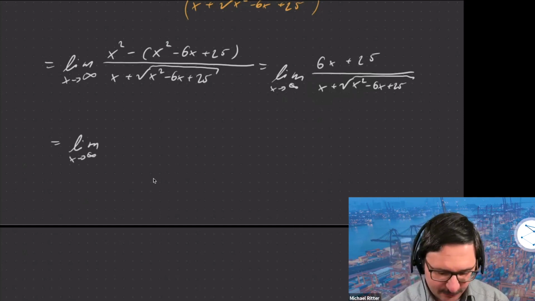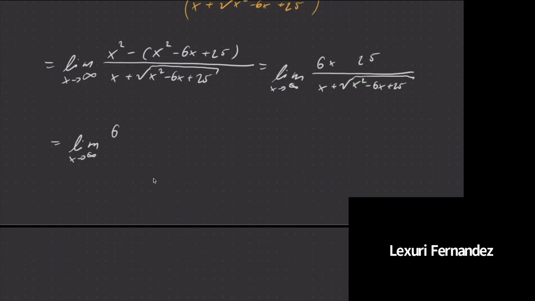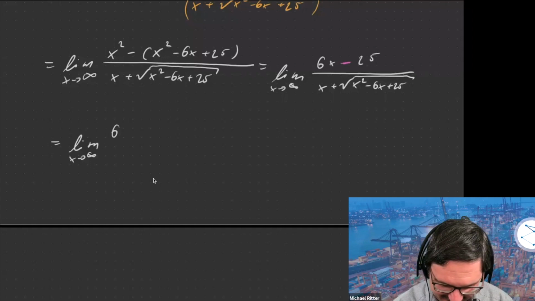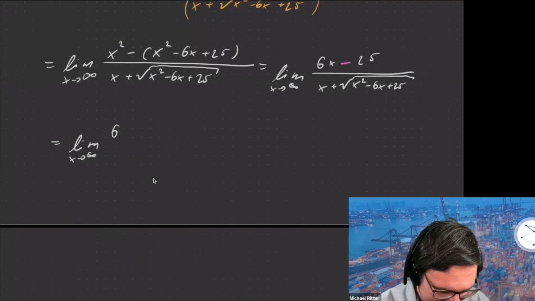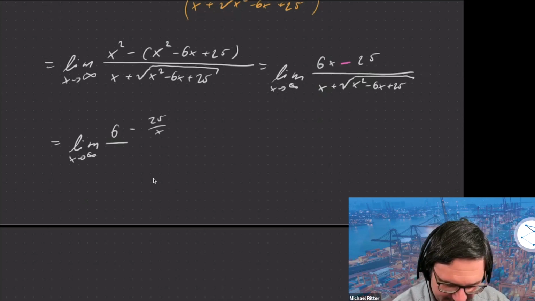And in doing so, we get 6. And I think I made a mistake here. Yes, I did. I'm sorry. Minus 25. Yes, thanks. I just noticed that. So that should be a minus 25. Sorry. So we get 6 minus 25 over x.